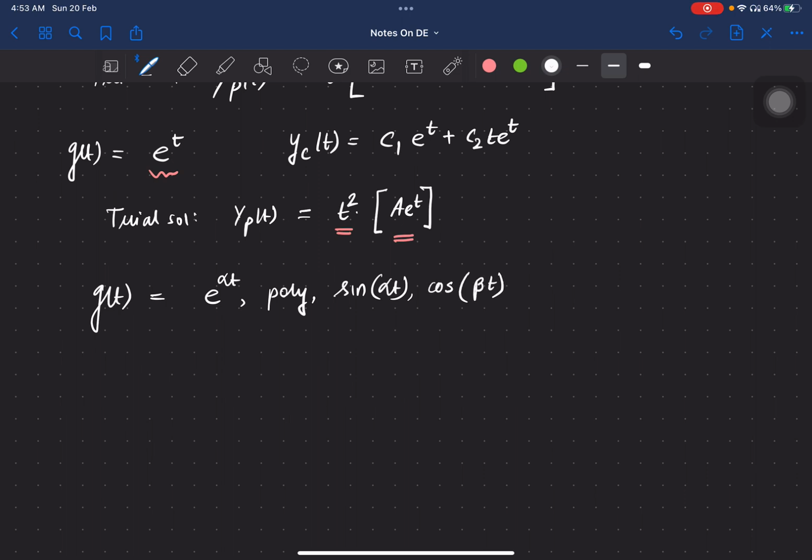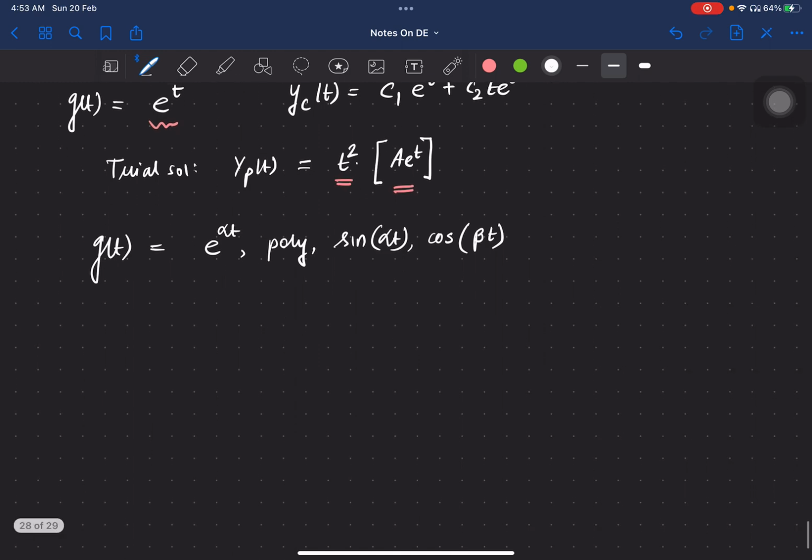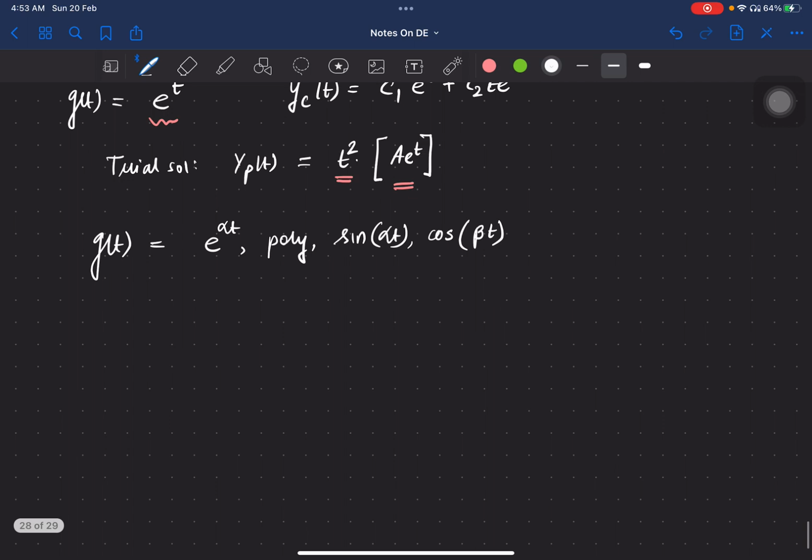These things we can have in g of t, but also we can have combinations of these things. For example, some complicated differential equation may have g of t as, suppose, t square plus t times e power 2t. So this part is the polynomial and this part is the exponential part.